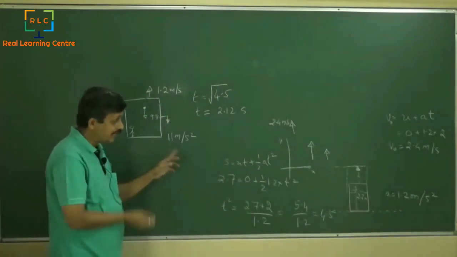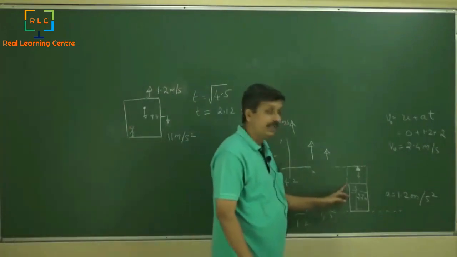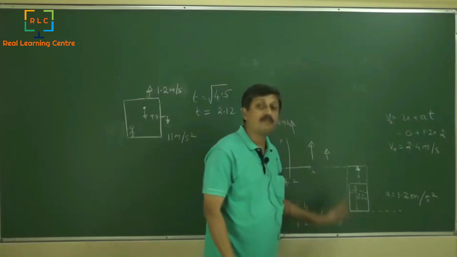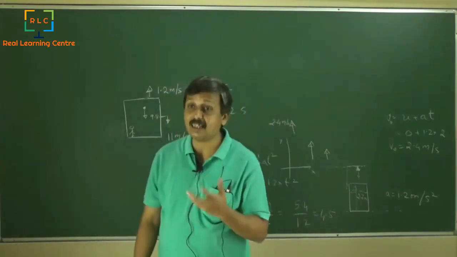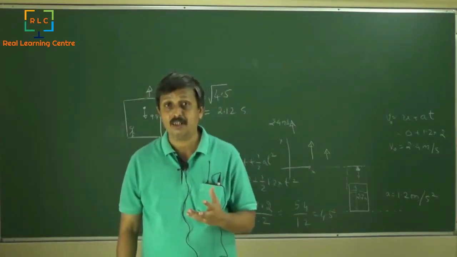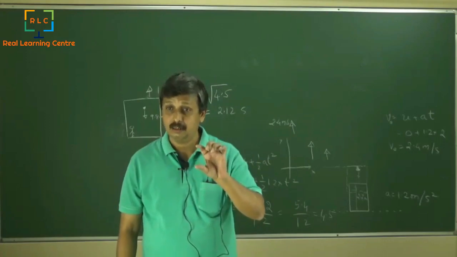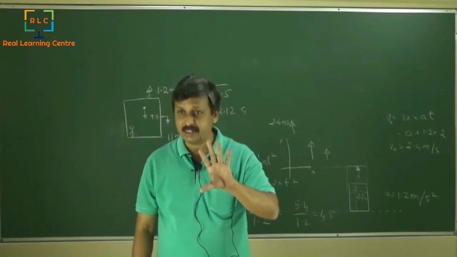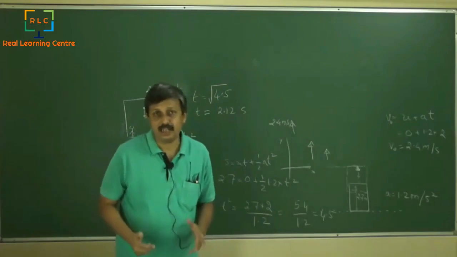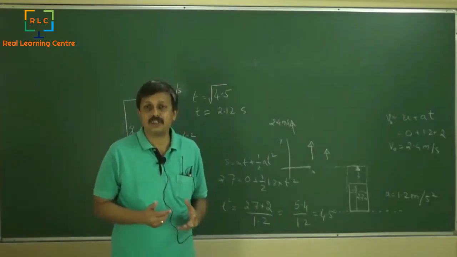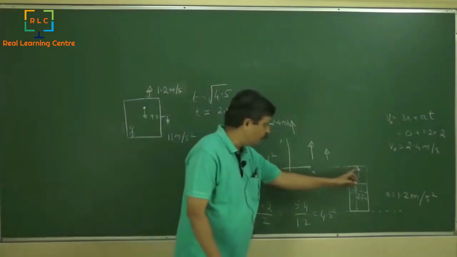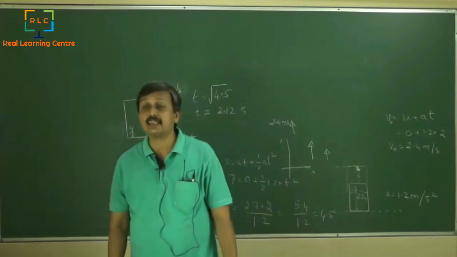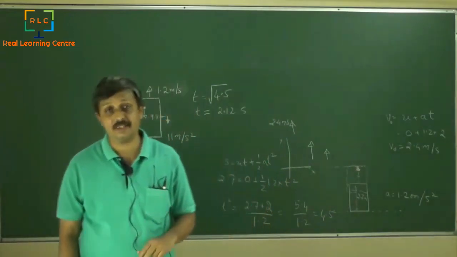See, if you are standing in the reference of the elevator itself, inside the elevator, then with that reference, this bolt is actually coming down at an acceleration of 11 meters per second square.